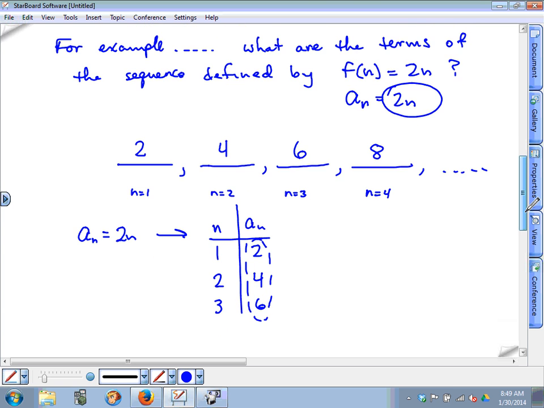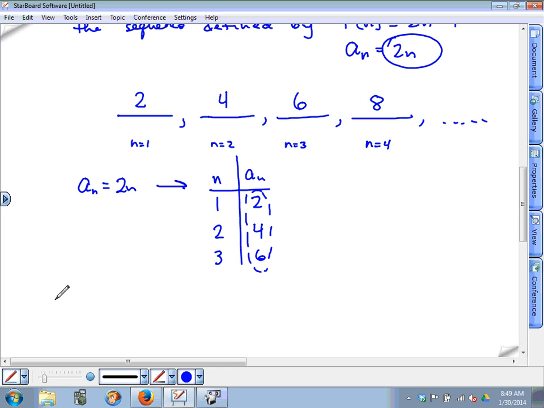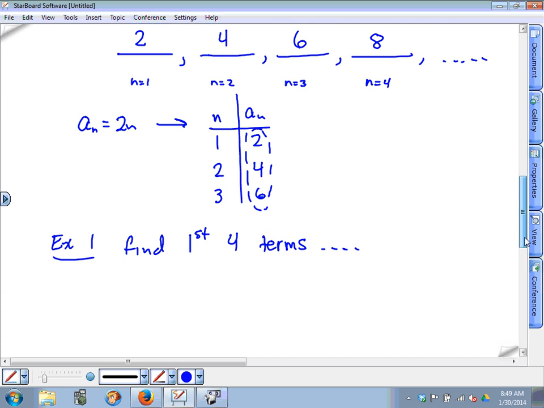And this is how your homework starts out. Some pretty simple questions like this. Here's example 1. Find the first 4 terms of all of these sequences. So for part A, here's a sequence. I want you to write the first 4 terms. A sub n equals 2n minus 1. Go, quick! Write the first 4 terms of that sequence.